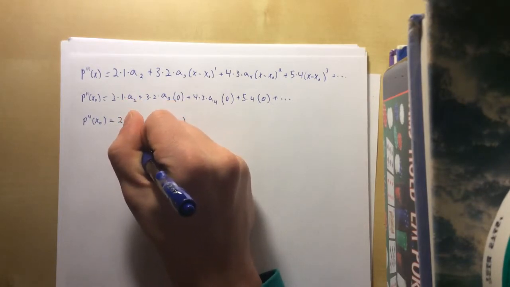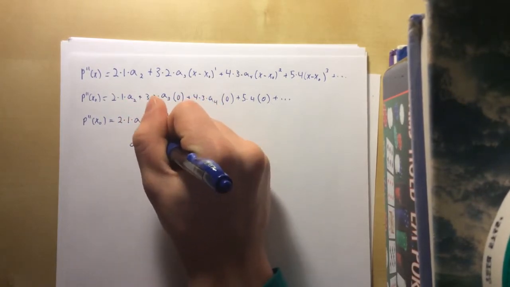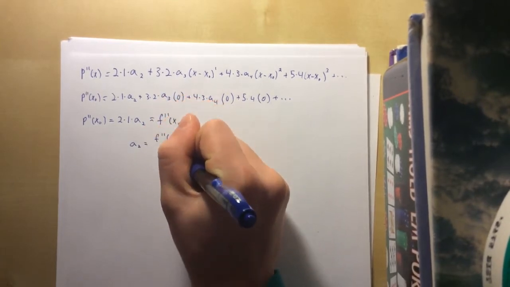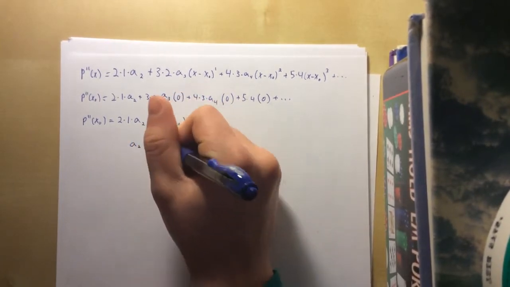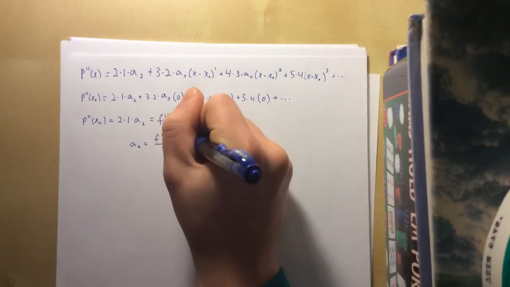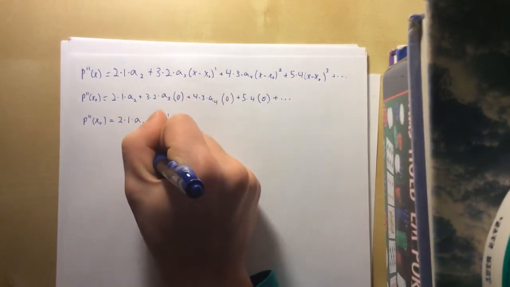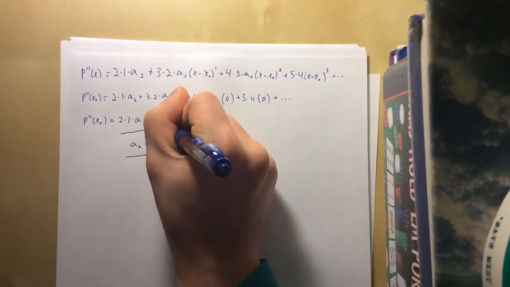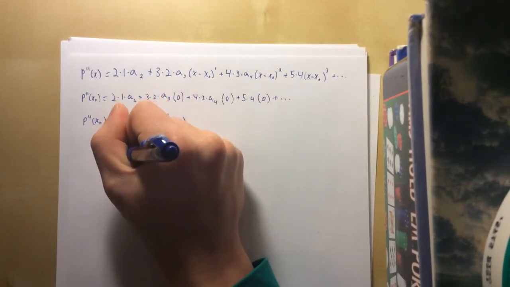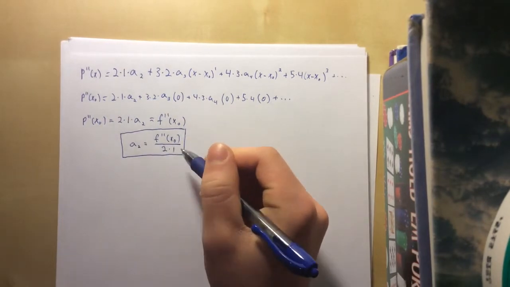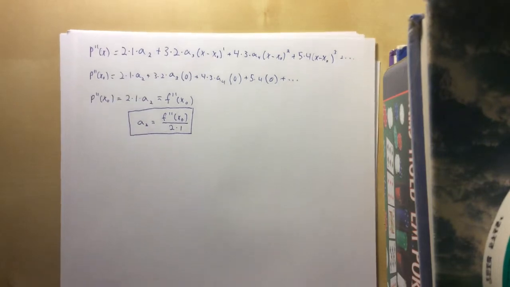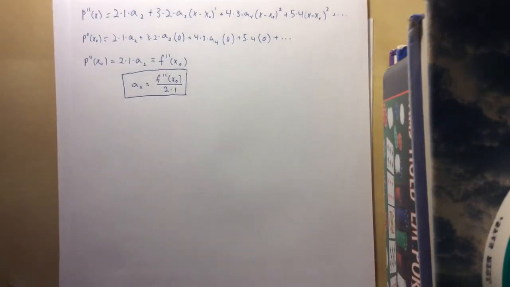So then we get that our second constant is equal to the second derivative of f at x naught over 2 times 1. And you guys will soon see why I'm writing this out as 2 times 1, because we all know that 2 times 1 is equal to 2, but soon you guys will see why I'm writing it out as 2 times 1.